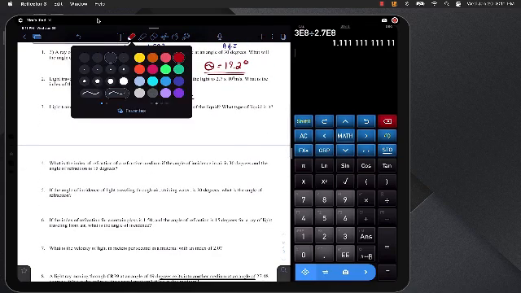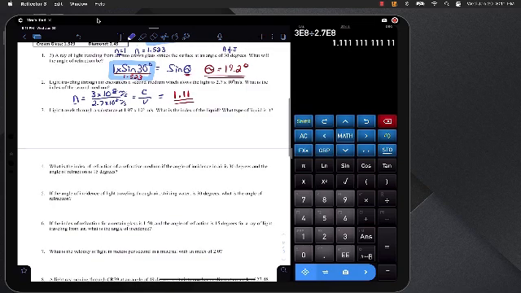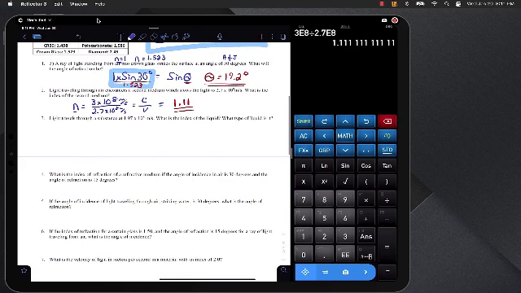Question 3 says light travels through a substance at 1.97 times 10 to the 8th meters per second. What is the index of the liquid, and what type of liquid is it? So n equals the speed of light, 3 times 10 to the 8th meters per second, divided by the speed of that light in the medium, 1.97 times 10 to the 8th meters per second.